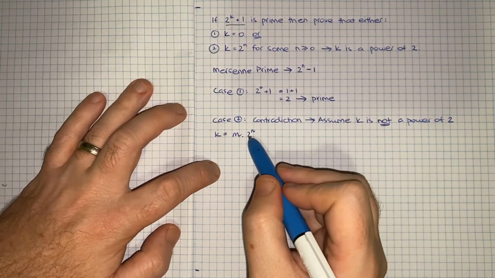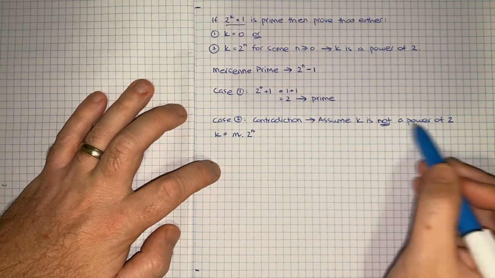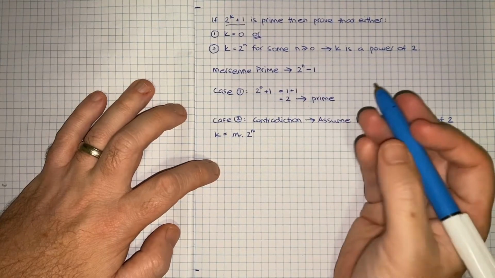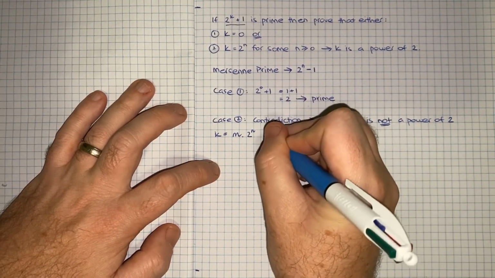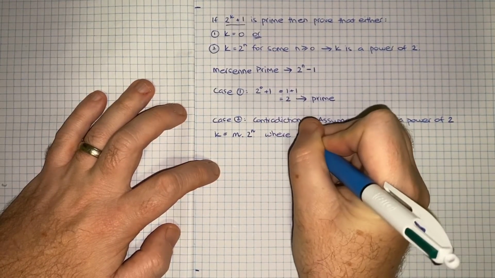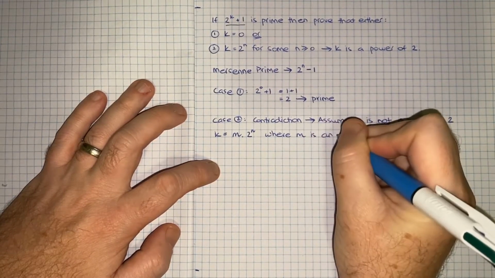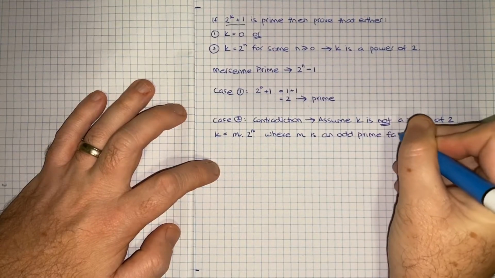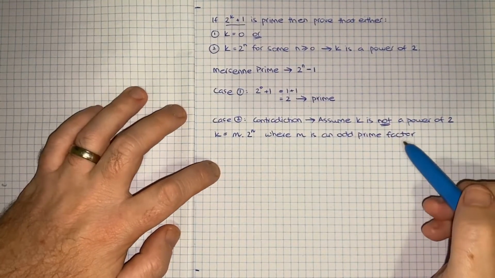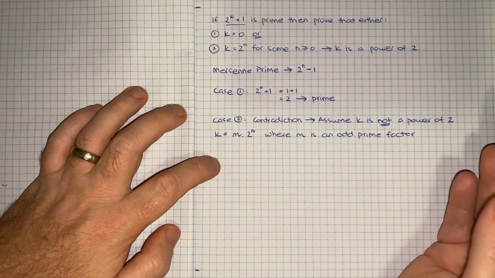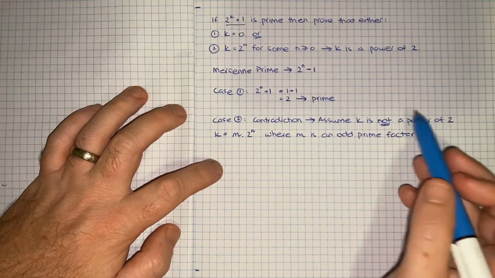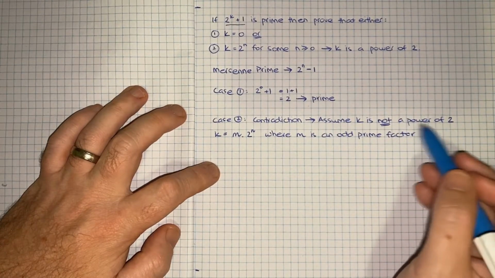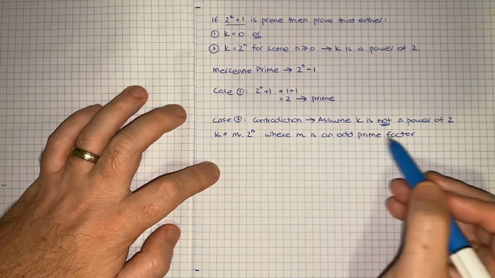I know this k will not be a power of 2 if m is odd, or specifically an odd prime factor, so we'll say where m is an odd prime factor. The basic idea is that all integers can be factorized into their prime factors, and if a number is not a power of 2, then it must have at least one odd prime factor.